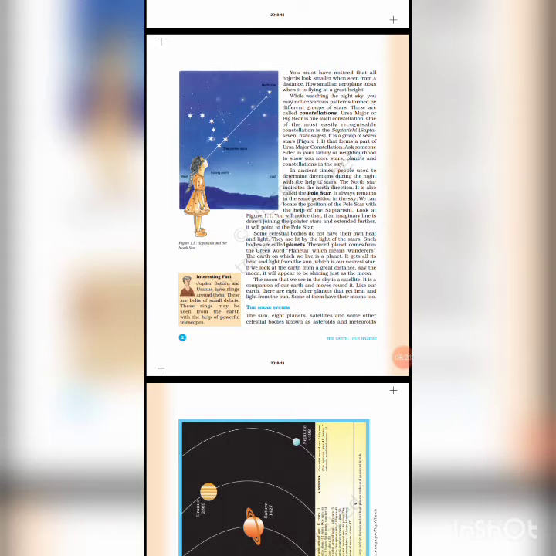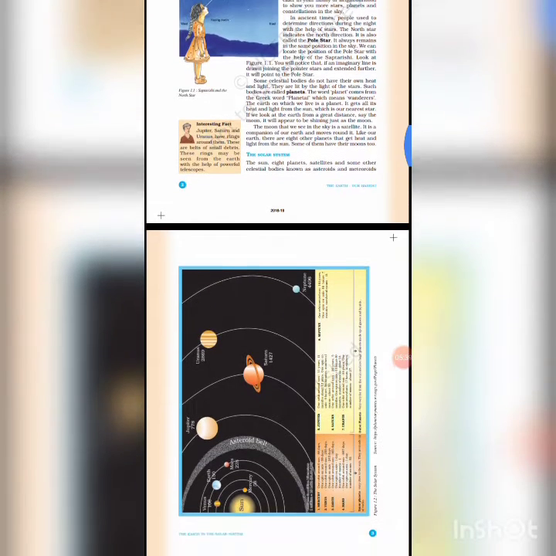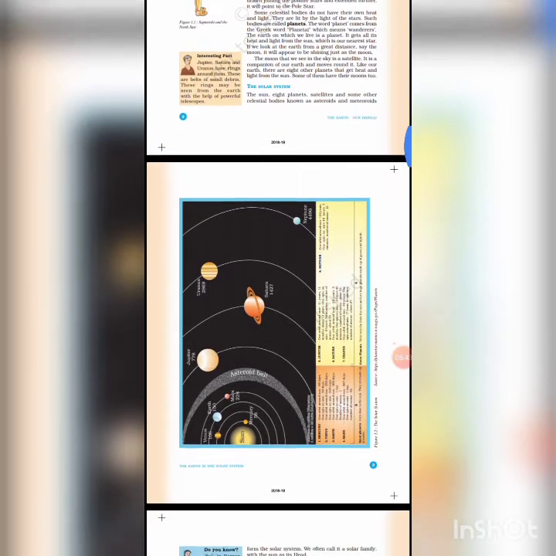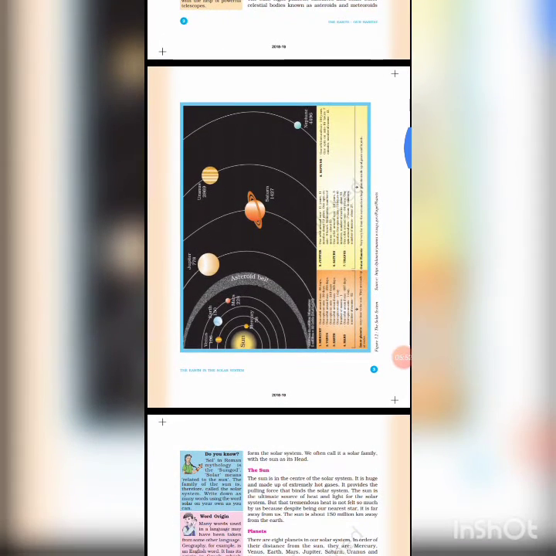Now, about the solar system. The Sun, the 8 planets, satellites, and some other celestial bodies known as asteroids and meteoroids form the solar system.